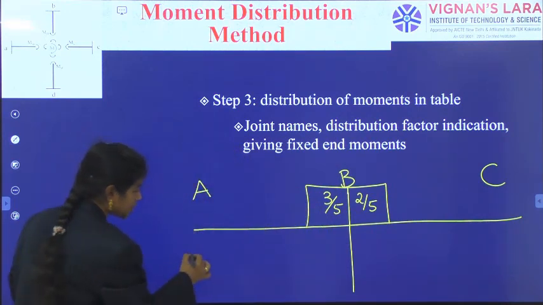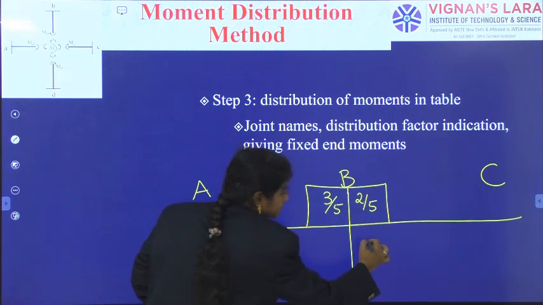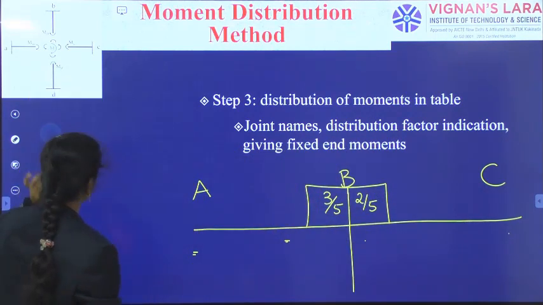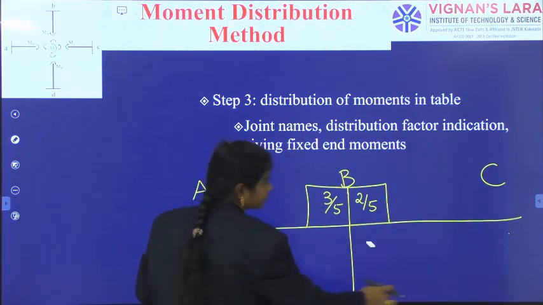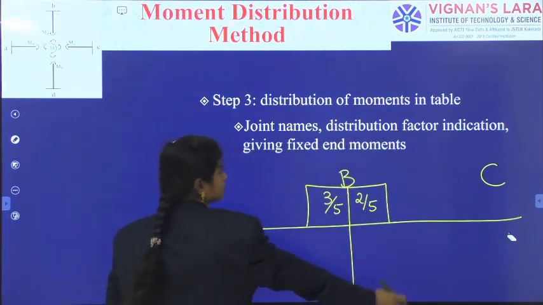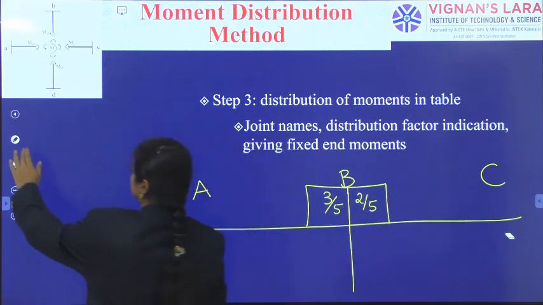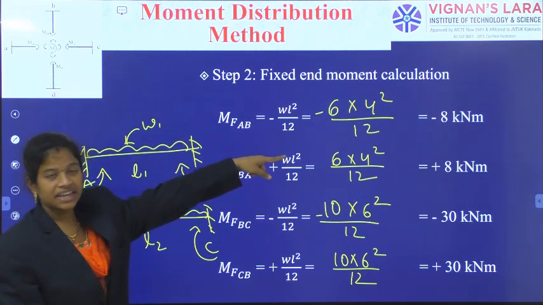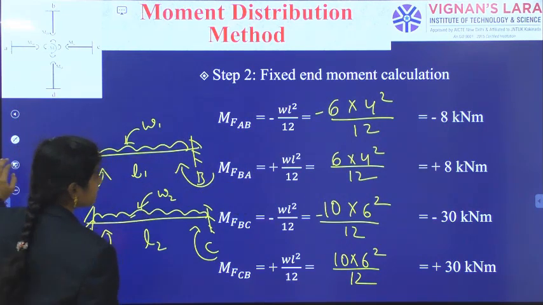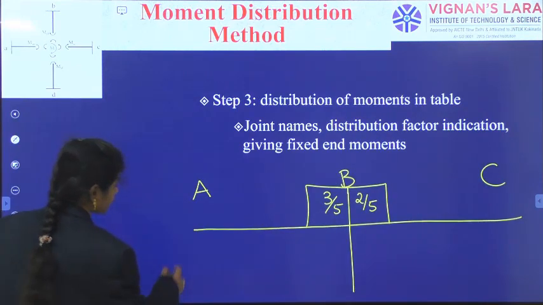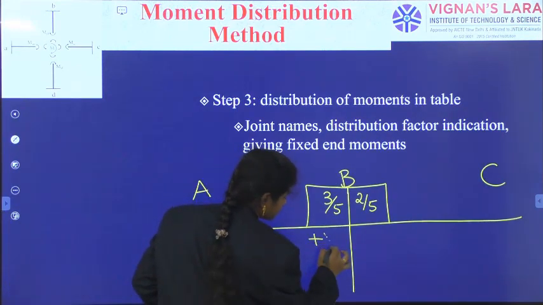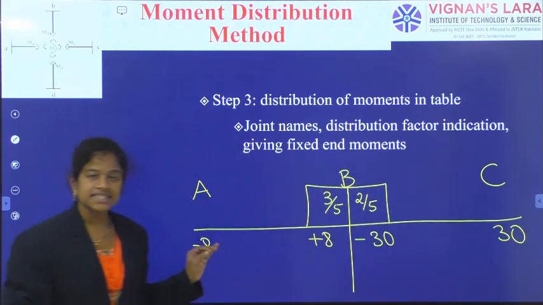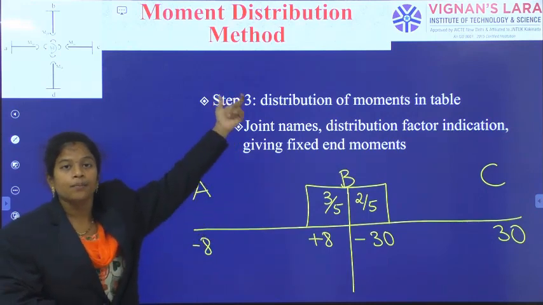Those answers I should write at the corresponding places. So, at A towards B, minus 8, at B towards A, plus 8, and then minus 30, plus 30. So, this is the first step of developing the moment distribution table.